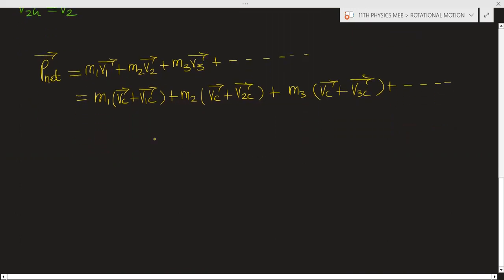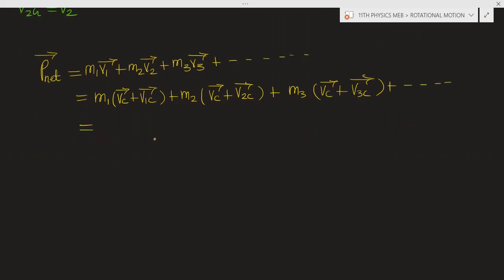Now from here we can multiply m1 into vc, m2 into vc, m3 into vc. Basically we can take vc as common.